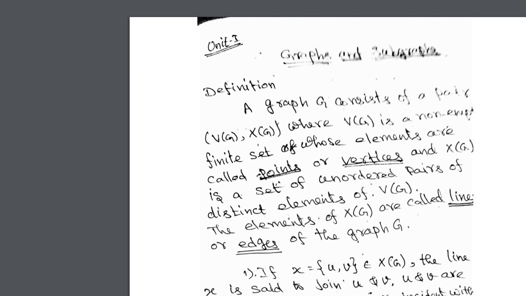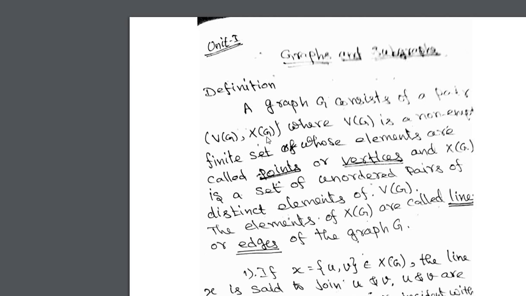It should be non-empty and also finite; it cannot be an infinite set. Each element in this set is called a point or vertex. These are words we are going to use frequently in graph theory. To define a graph, we definitely need vertices.